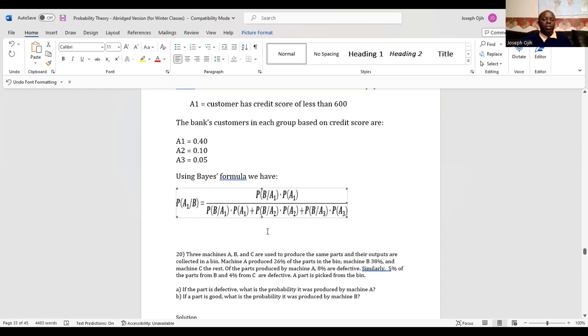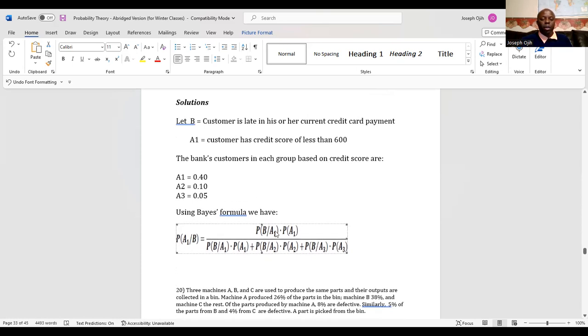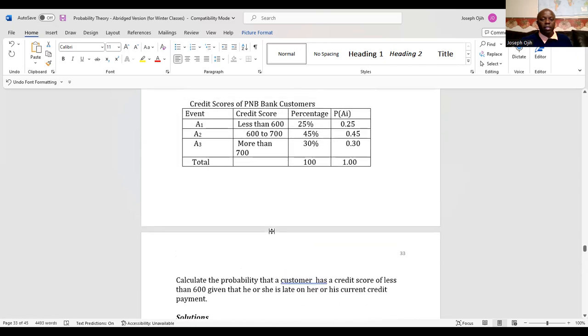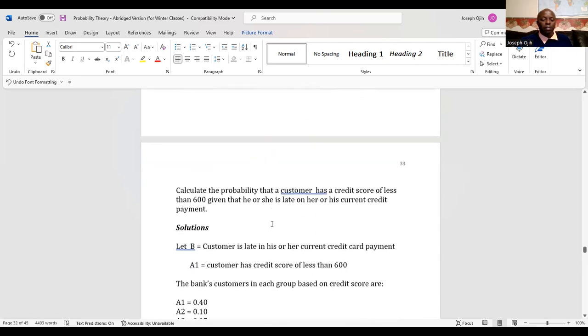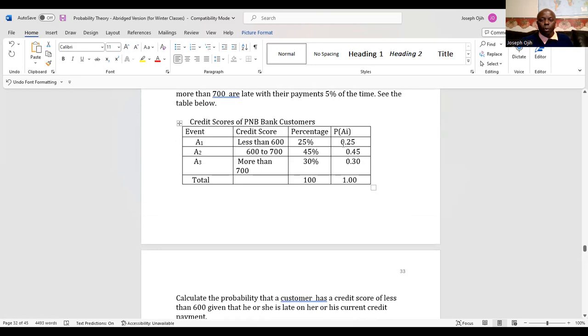Let me write it down, but I will show it to you by writing it down. I will show you the first one. The probability of B given A1, that they are late with their payment given A1, is 0.40. And the probability of A1, which is that it is the first customer group, is 0.25.